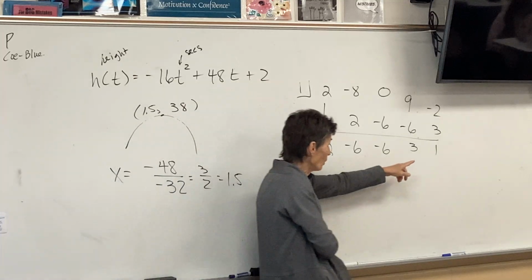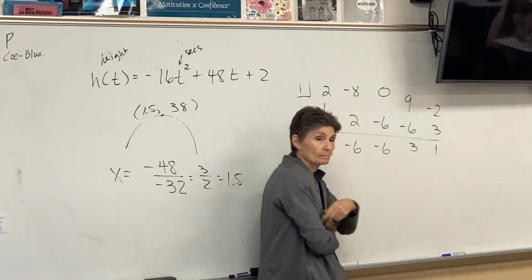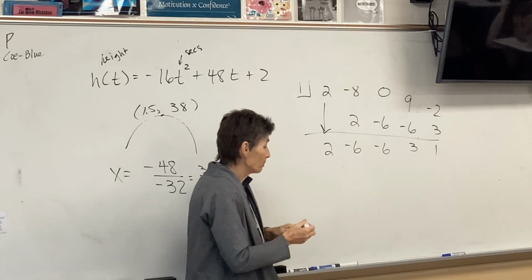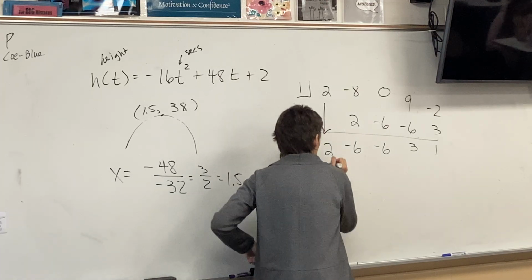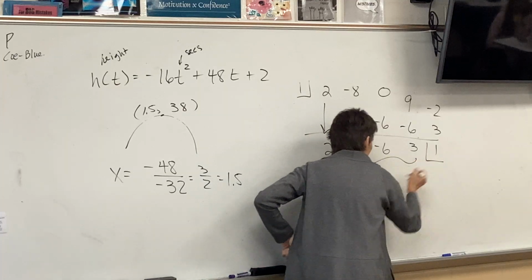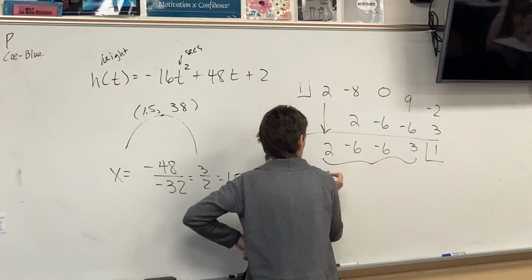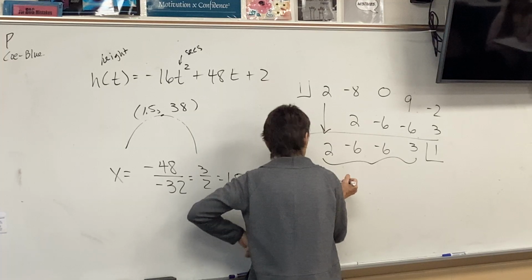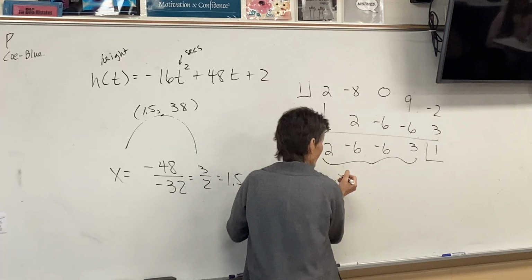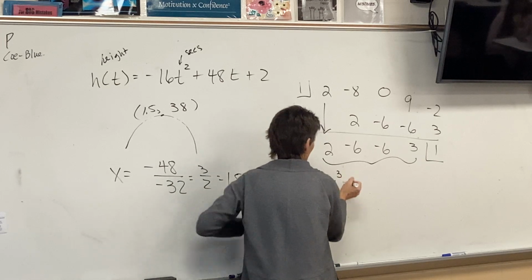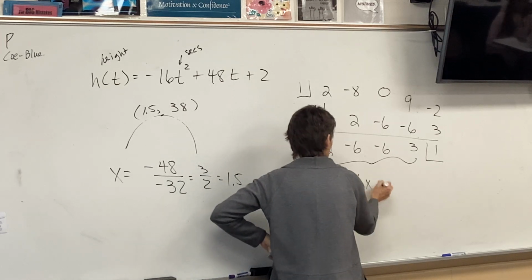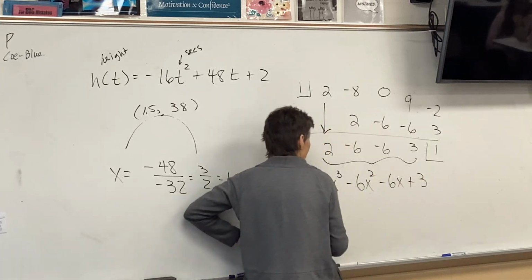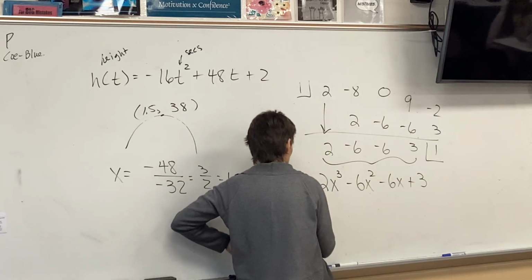Anybody else end up with a 1 on the end? Yeah. All right, so what's the quotient? We have a blank that says quotient. This is the quotient. That's the remainder. So this is going to be 2x to the third, minus 6x squared minus 6x plus 3. That's my quotient.